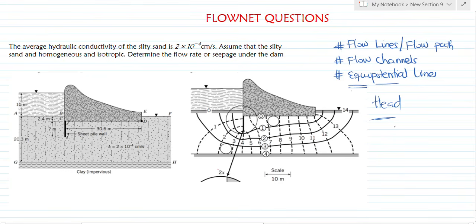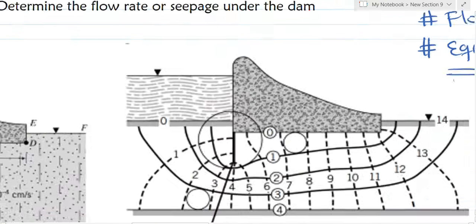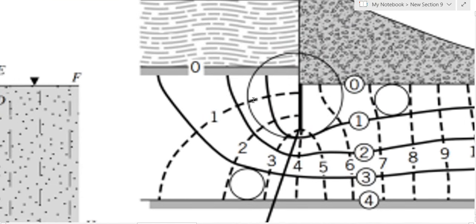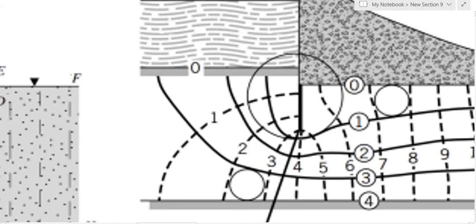So if you take an equipotential line at any point under the dam, they have the same head, right? And you can see the broken lines in this diagram. The equipotential line starts from here.